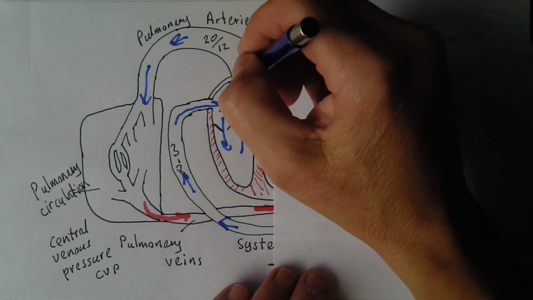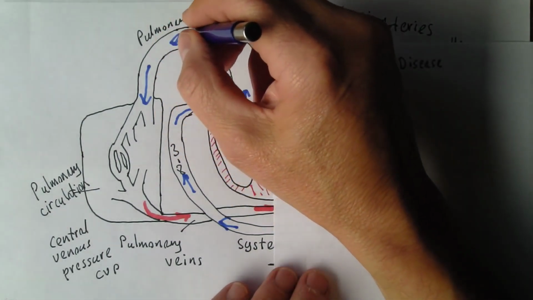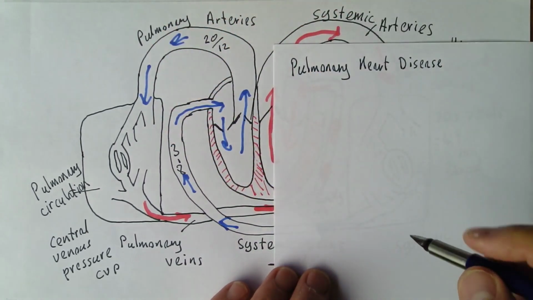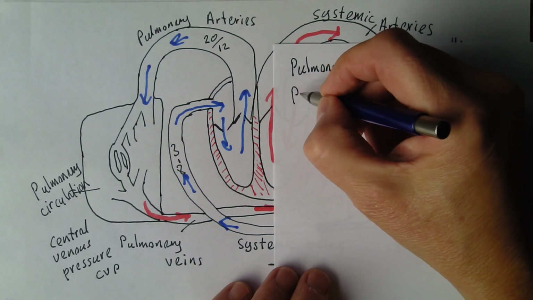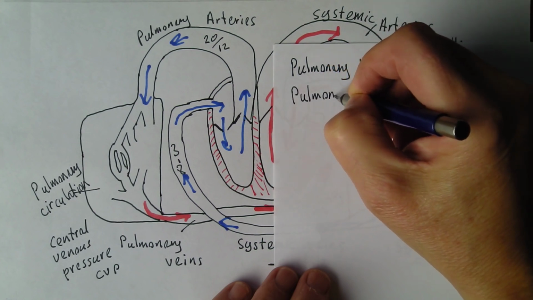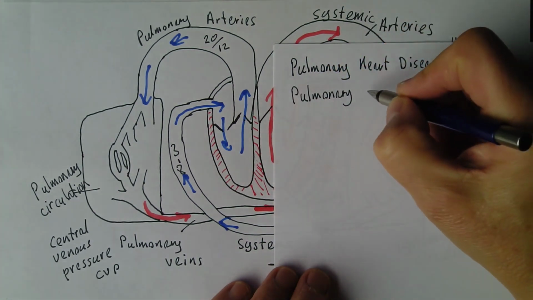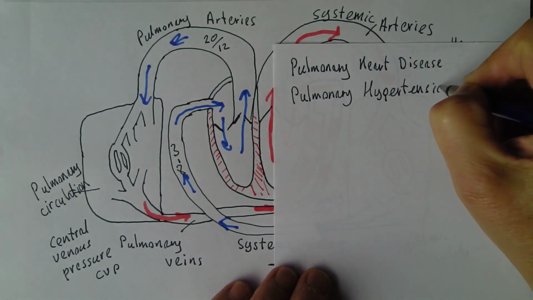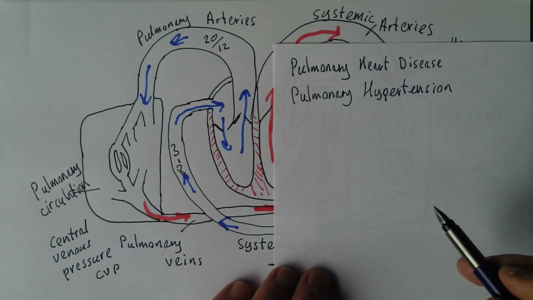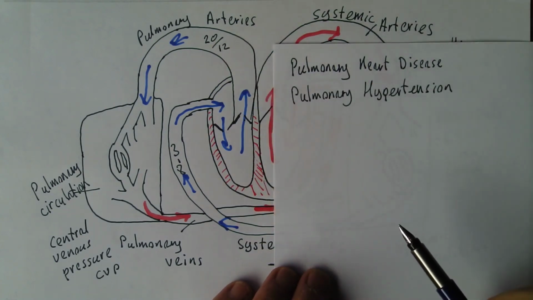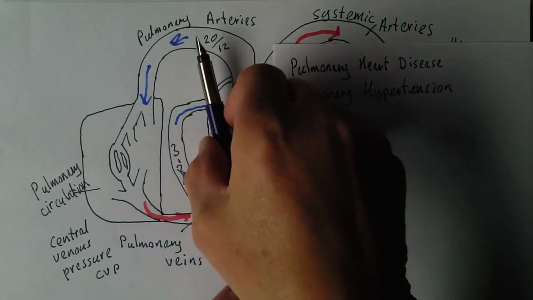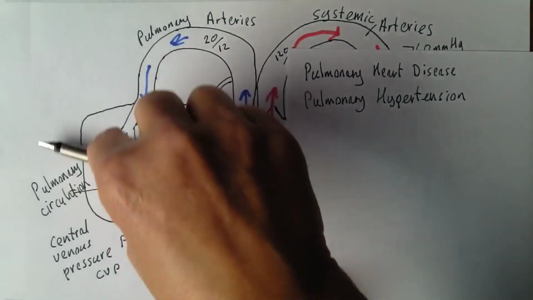But in both of them, the pressure in the pulmonary arteries is going to increase. So in pulmonary heart disease, there's going to be pulmonary hypertension. There's going to be an increase in the pressure in the pulmonary arteries. And pulmonary heart disease is actually heart disease caused by a problem in the lungs.